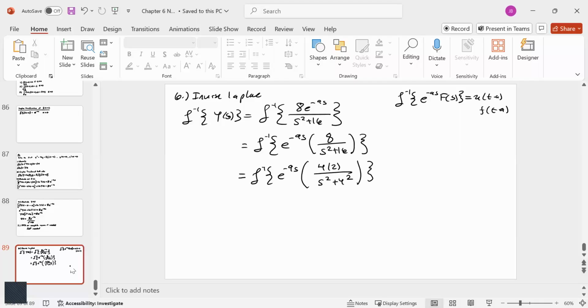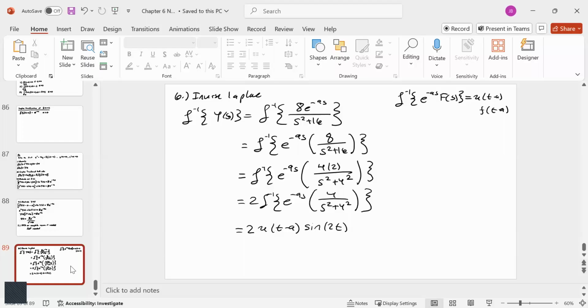And then now I have the 4 right there, so I could factor out the 2. That's 4 squared. And then this is going to be equal to 2 step function t minus 9, and then this is sine of 2t, right?